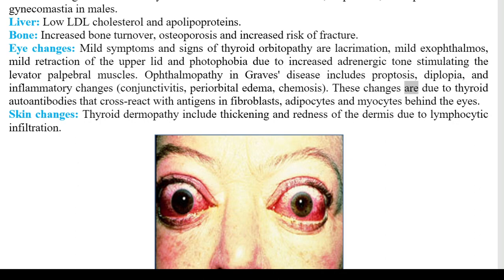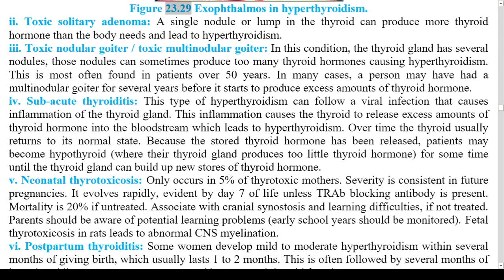These changes are due to thyroid autoantibodies that cross-react with antigens in fibroblasts, adipocytes, and myocytes behind the eyes. Skin changes: thyroid dermopathy includes thickening and redness of the dermis due to lymphocytic infiltration. Figure 23.29: Exophthalmos in hyperthyroidism.